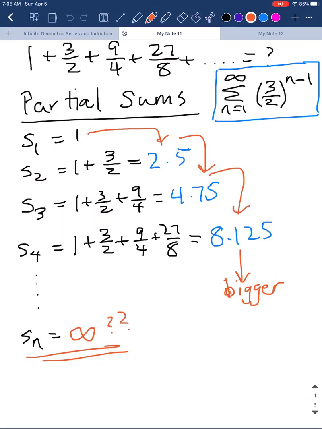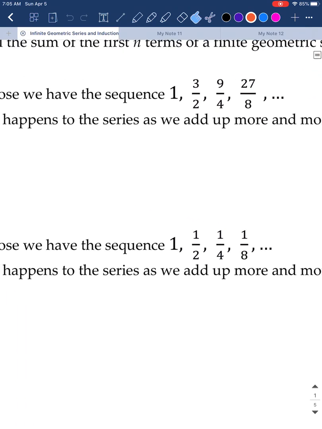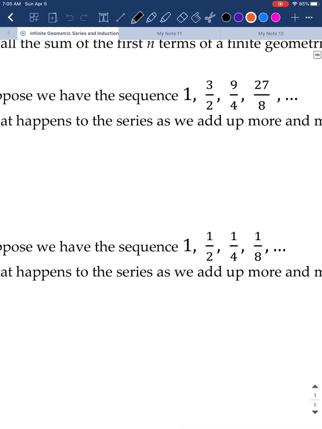So for that first series, as n goes to infinity, so does the sum of the series.